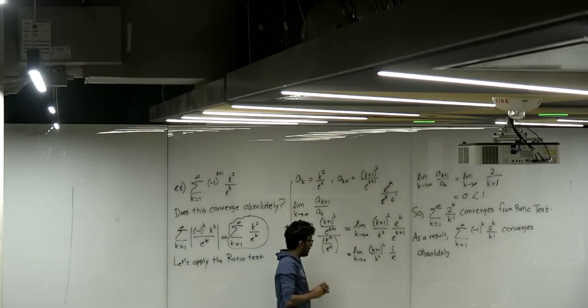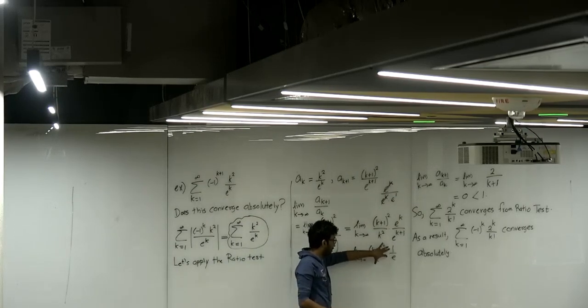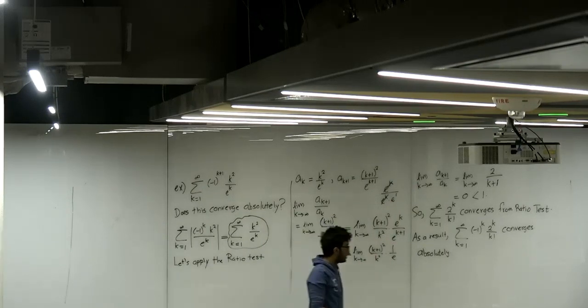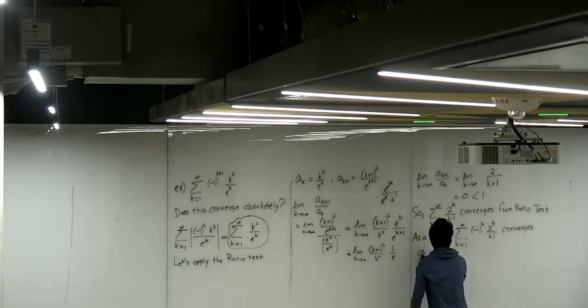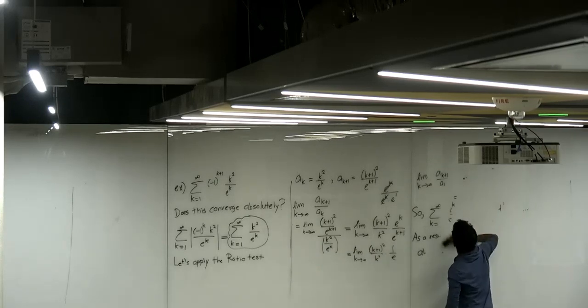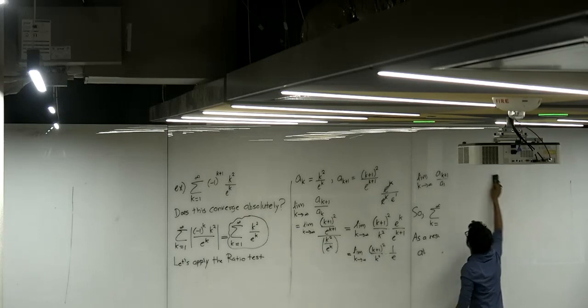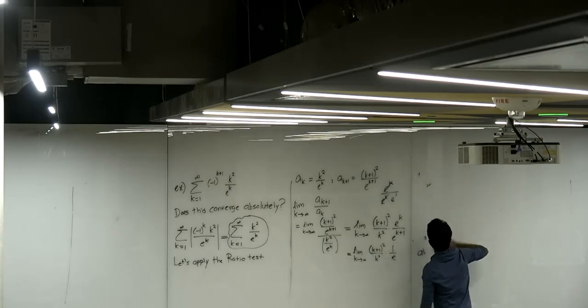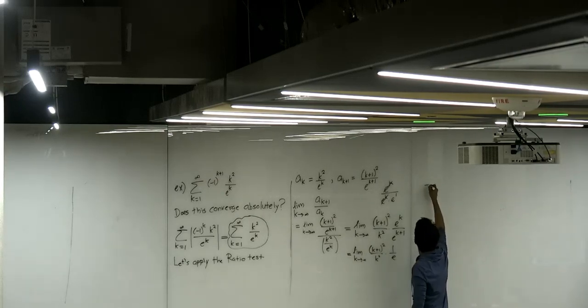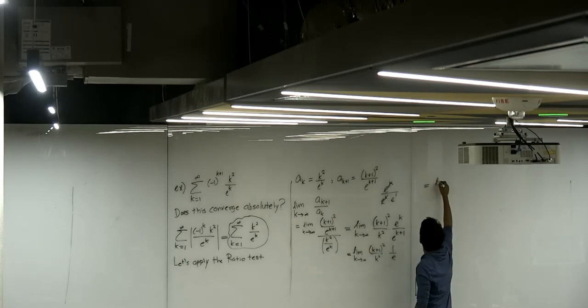So what now? What can I say about this ratio? When k tends to infinity, this ratio would go to 1 because you have something like this. Limit as k goes to infinity.